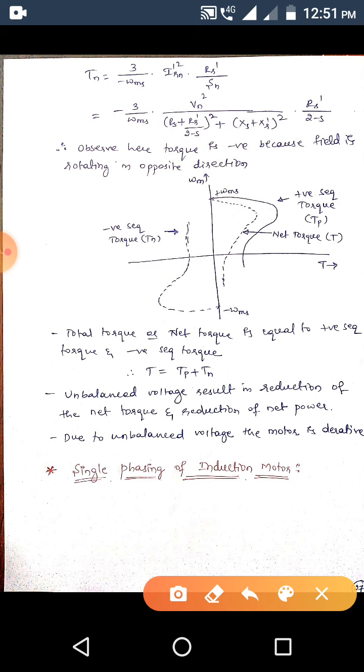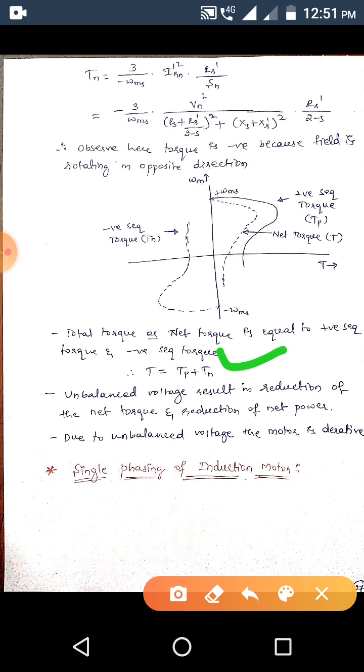Then the overall torque, the addition of both the positive and negative torque, will give us the net torque or total torque here. Then the total torque will be like this. This dotted line is there now, so this is the total torque. Okay, so the total torque will be written as T is equal to Tp plus Tn here.